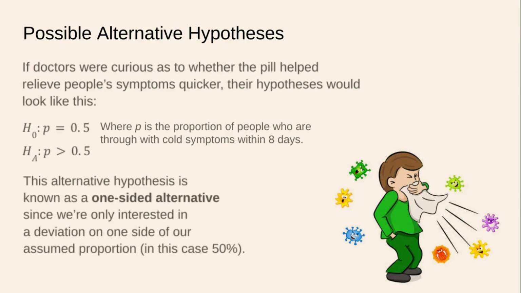This alternative hypothesis is known as a one-sided alternative, since we're only interested in a particular deviation, in this case, on the right-hand side, all right? A greater than 50% mark would indicate a deviation we are interested in, okay?